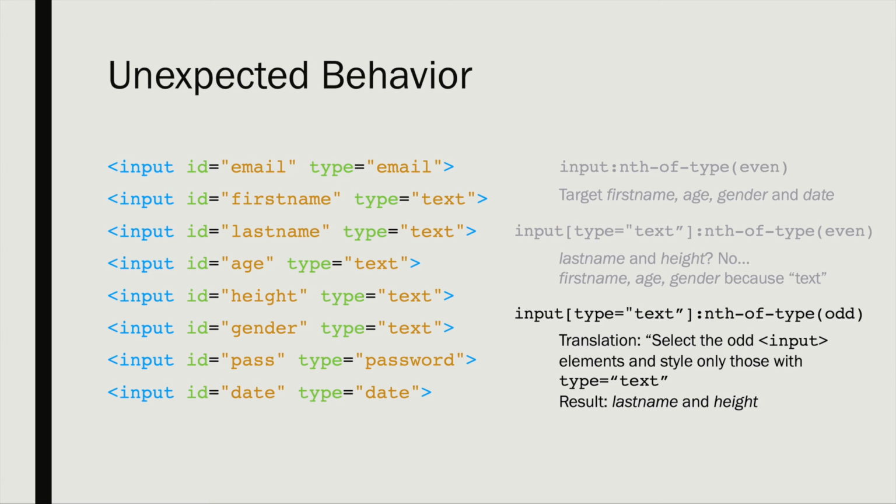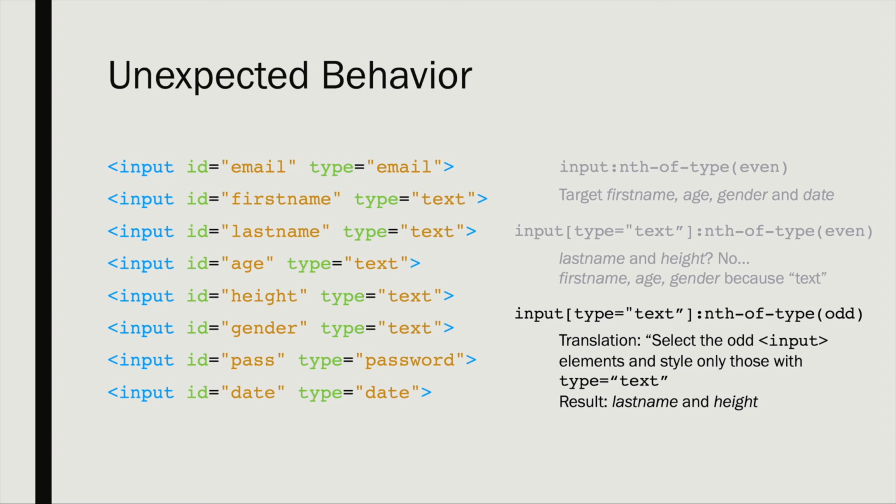If we say input type equals text and nth-of-type odd, basically what we're saying is select the odd input elements and style those only with the type equals text. In this case, we're saying last name and height, because out of all the items that have the type equals text attribute and value, we only have, well, 5 in this case: first name, last name, age, height, and gender.